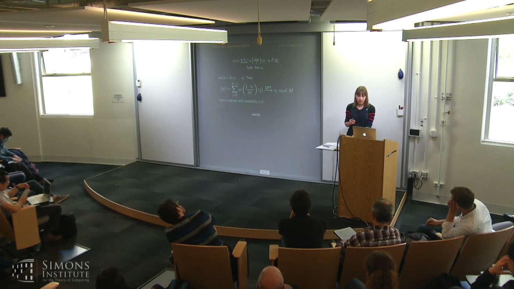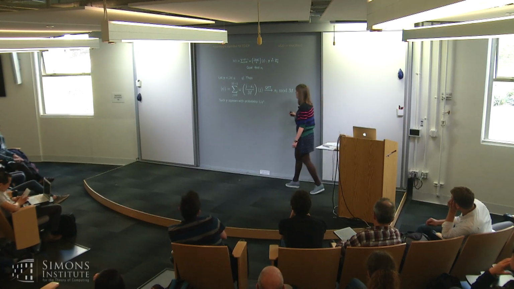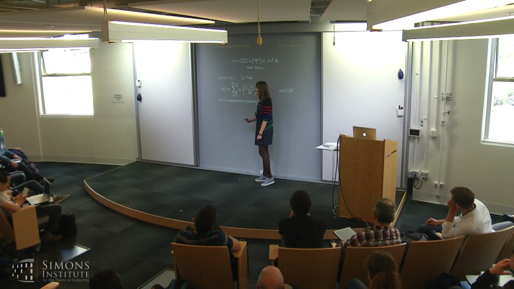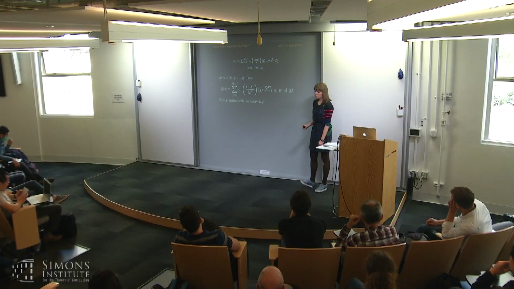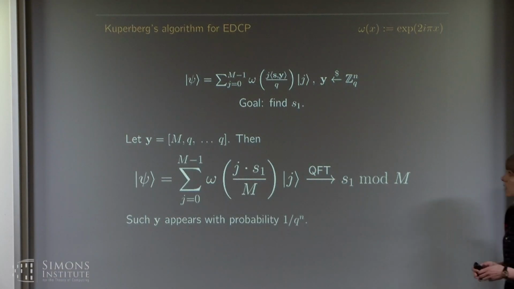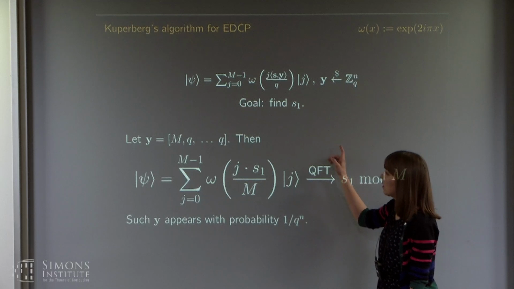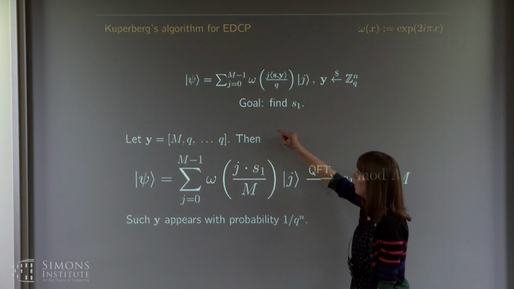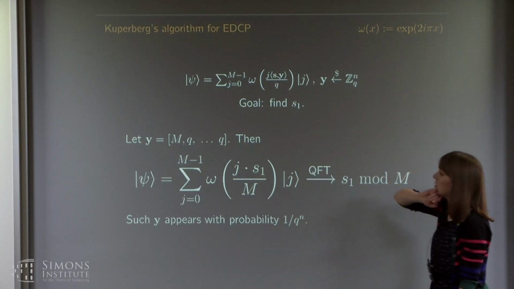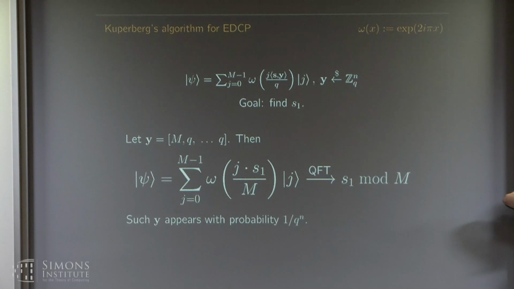Imagine that we had y, that we measured our y, that was of this shape: M, and all the others were Q. In this case, if you take the inner product of your secret S with this y, the y is Q, Q, Q, so that cancels with the Q. I think I should have written not M, but, let's see what cancels, Q over, M over Q, that's correct.